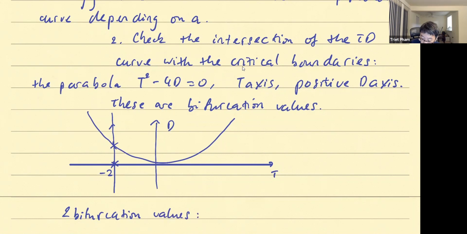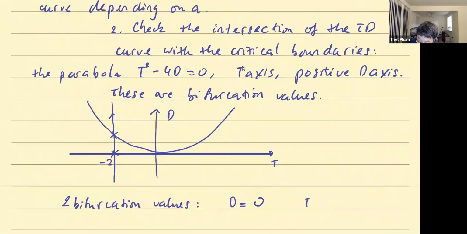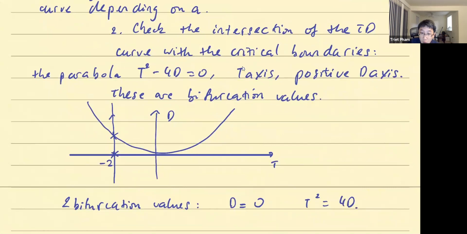The first is when d equals 0, and the second is when t squared equals 4d.